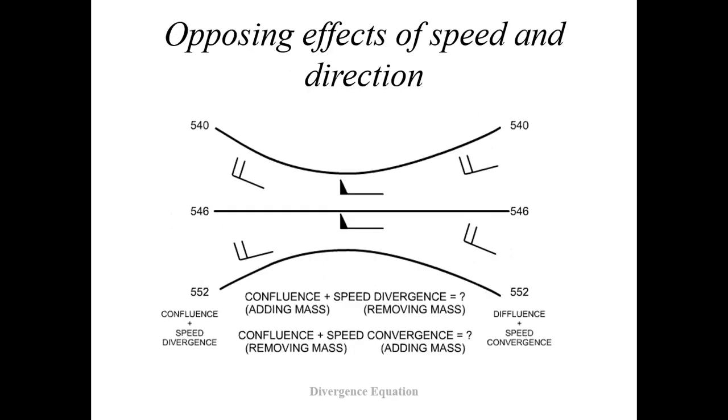Here's the example of how opposing effects of wind speed and direction can occur in the upper levels of the atmosphere. The solid black lines again represent your lines of equal geopotential height. These are your upper level heights. You see how the top one is labeled 540 decameters. The middle line is just straight across, horizontal, at 546 decameters.